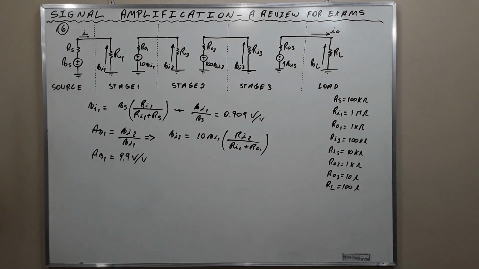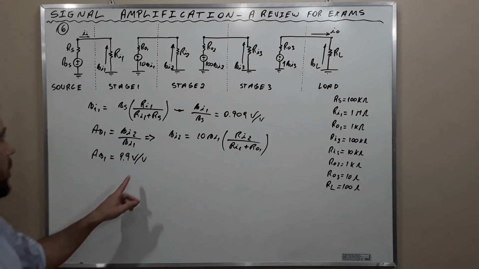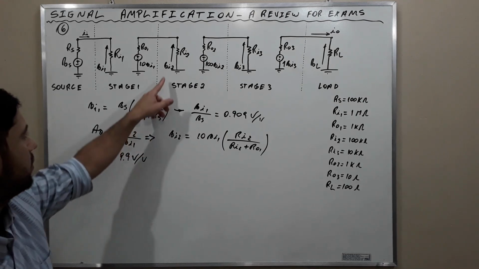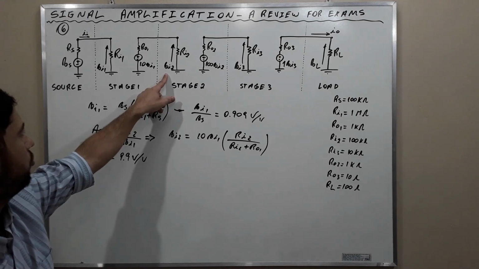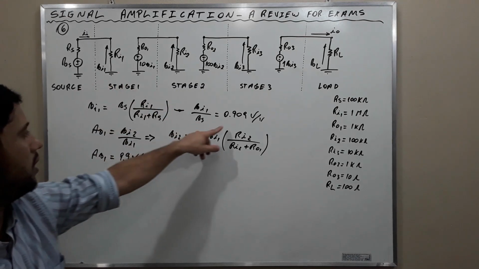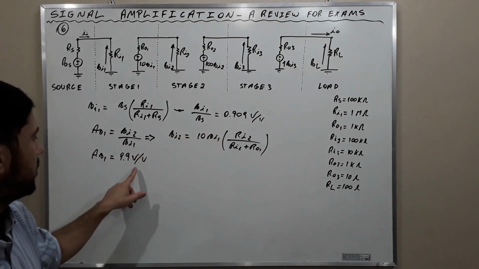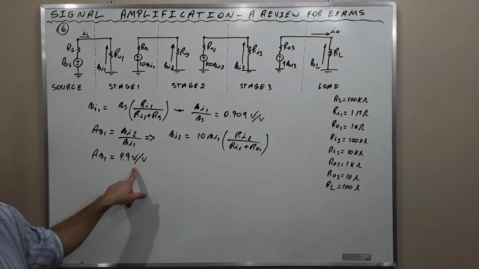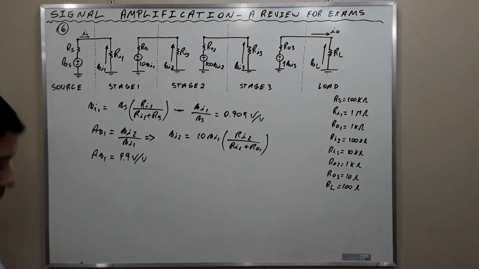Okay, this is the voltage gain of the first stage. We can see now that VI2 is larger than VI1. Here it was an attenuation, but now we are getting amplification. Let's do the same for the other stages.